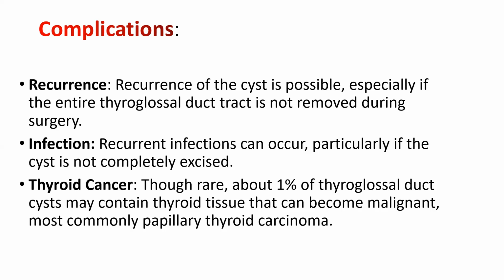As already said, it's a tract connecting the thyroid gland from its migration from the foramen cecum to the anterior neck position. So some thyroid tissue may be retained in this tract and could end up malignant.